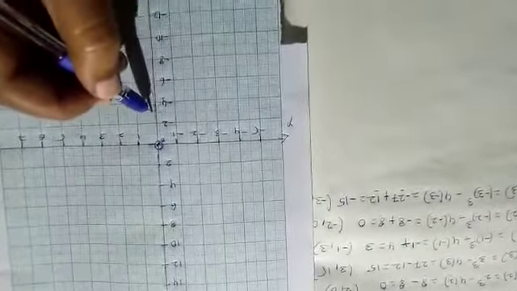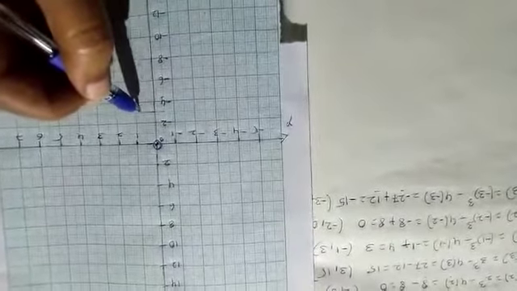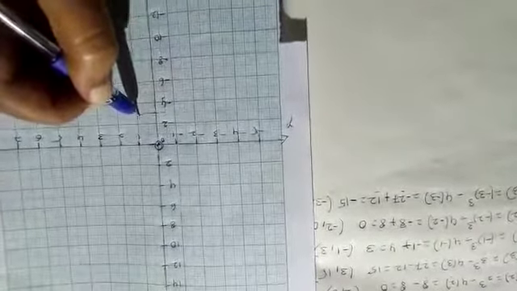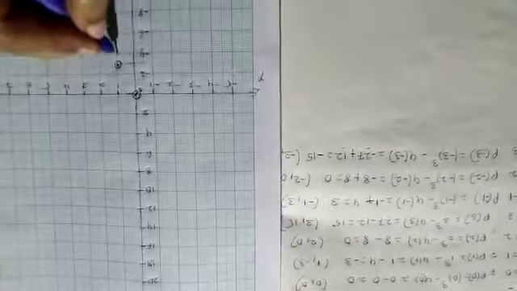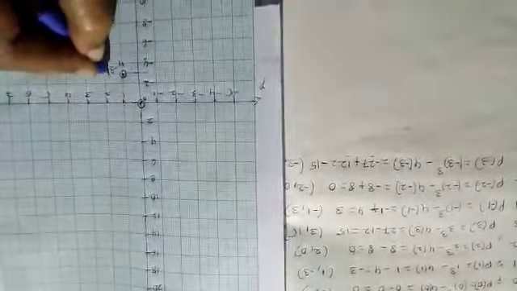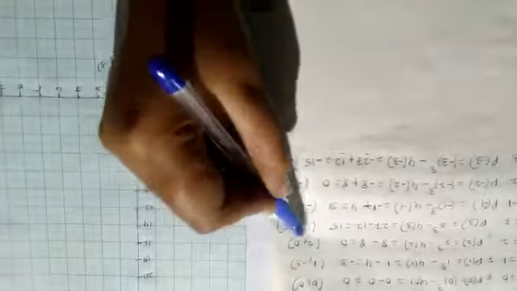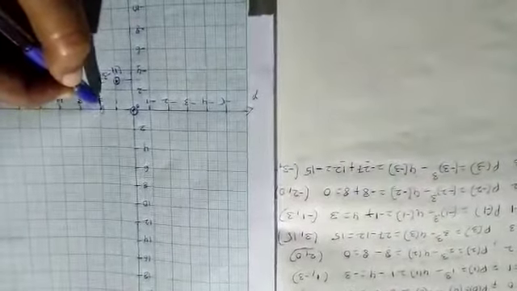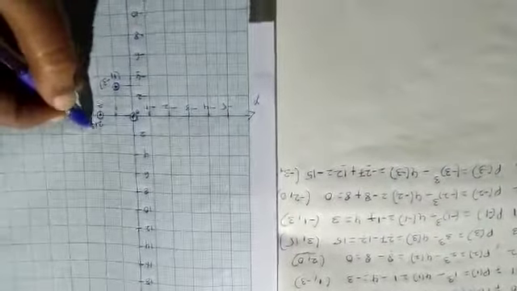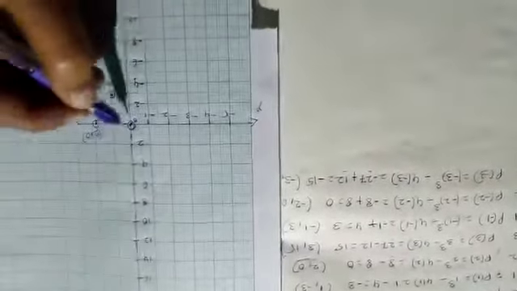In between, this is minus 3. So this point is 1 comma minus 3. Okay. Next point 2 comma 0. On the x-axis 2, y value 0. This point is 2 comma 0. This is 0 comma 0.